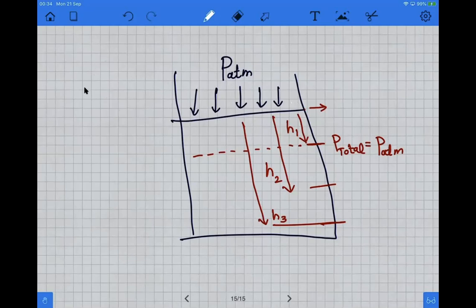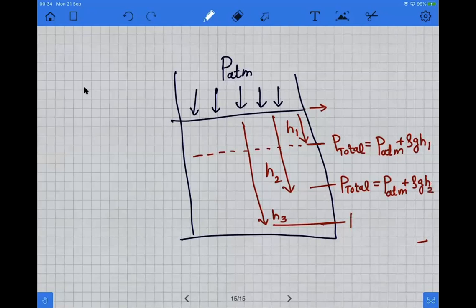Okay, students, if we write different values of pressure, then P total here is P atmospheric plus rho G H1. Here you can write P total is equal to P atmospheric plus rho G H2.